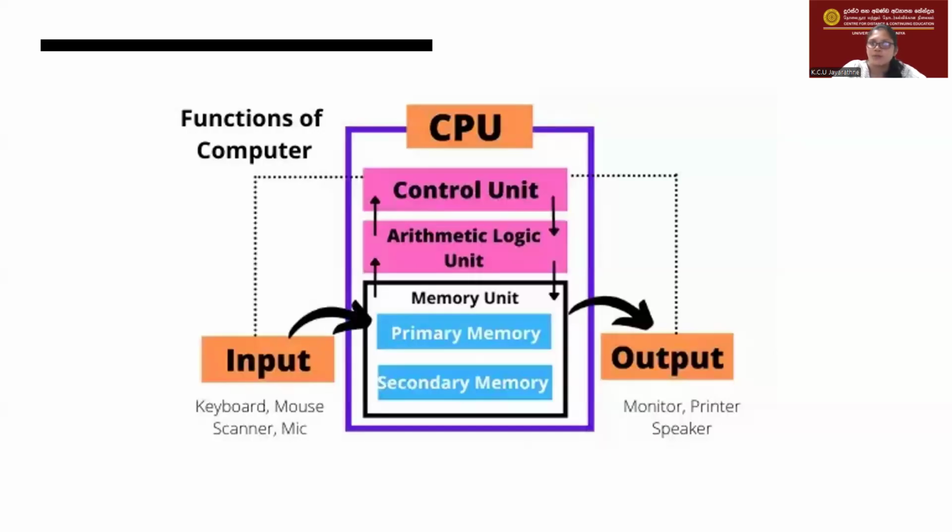Output devices are monitors, printers, or speakers. It means the CPU turns processed input into a useful output. So this is the process in the functions of the computer: there are inputs, processing by the processor, which is the CPU, and outputs as well.